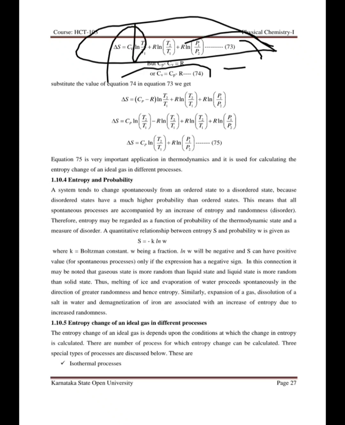Wherever the constant volume is there, we are going to substitute, so that we will be getting equation 75. This is with respect to entropy of a variable system.